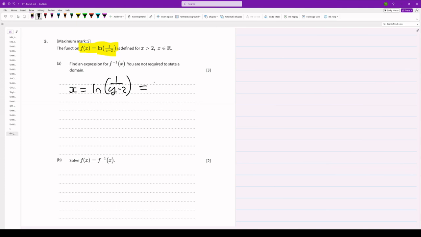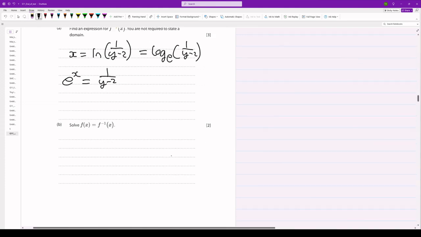So remember that this is log base e, the natural log. So I would like to undo this log, so I get e to the power of x is equal to 1 over y minus 2. Now we're going to divide by e to the x and multiply by y minus 2.